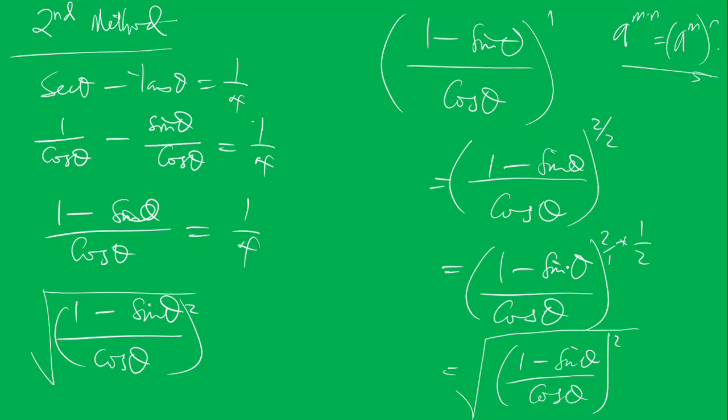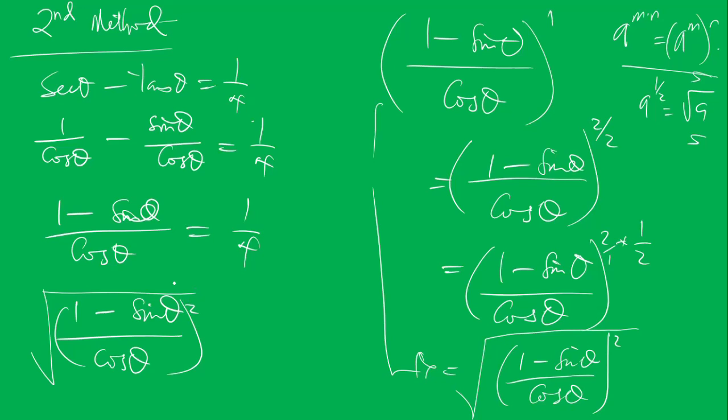Any value to the power half, like if you have a raised to power half, is the same thing as the square root of a. So when you look at this, they are the same. So that is how, from this expression, we got this.